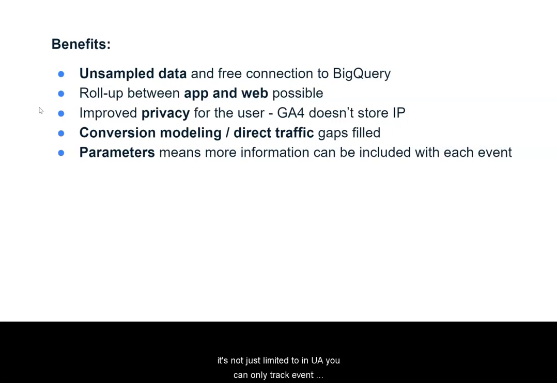It's not limited like in UA, where you can only track event category, event action, and event label. We're going to go into a bit more detail around that because that's really important for your implementation. But that's just a really great benefit that you can now have a lot more information tied to each event.